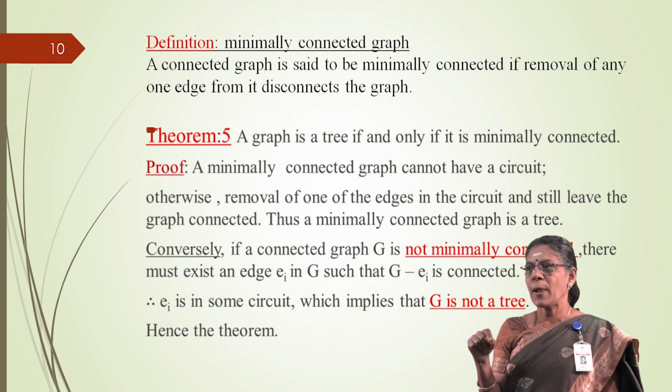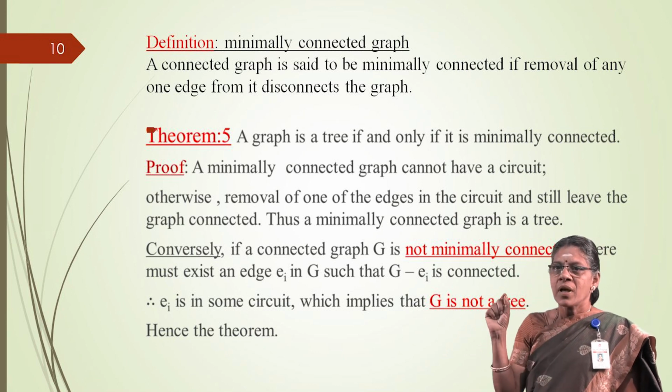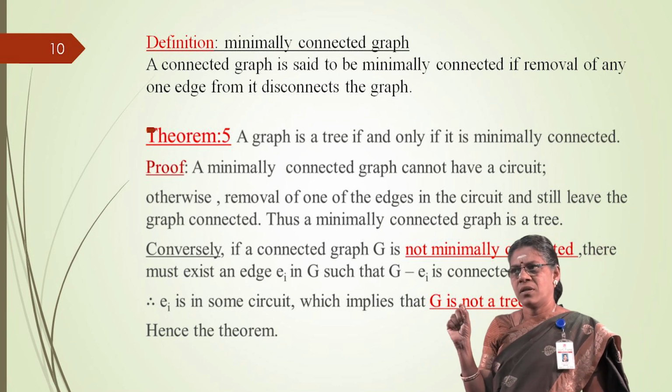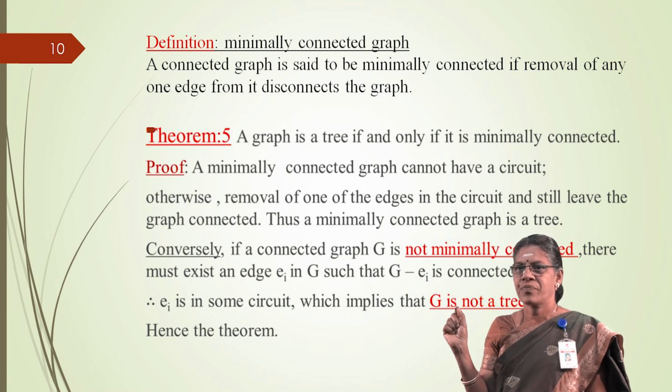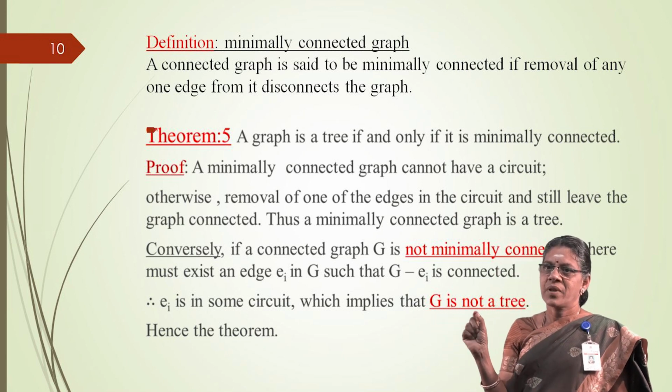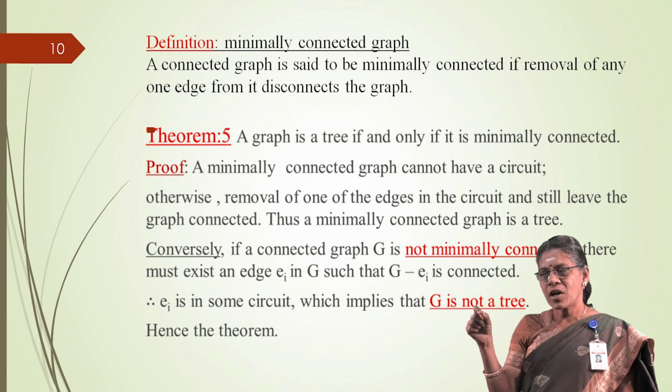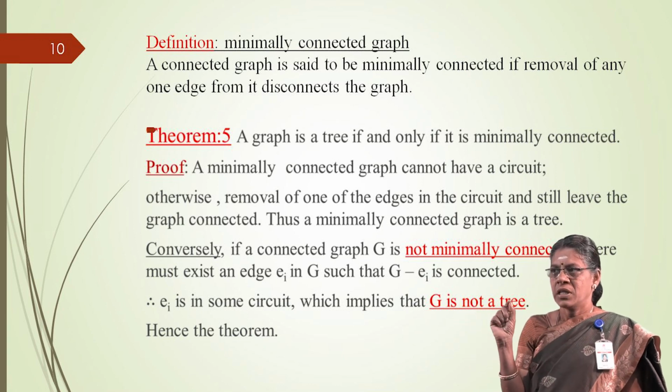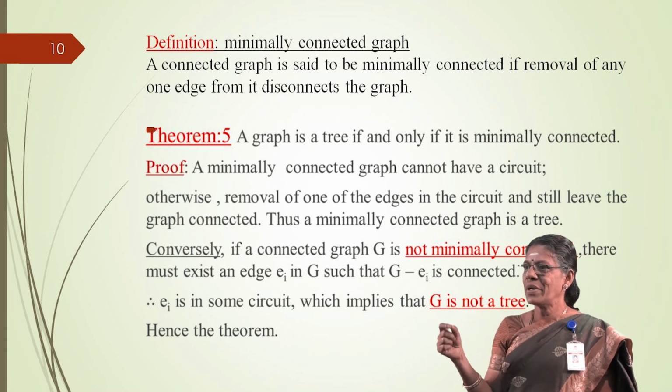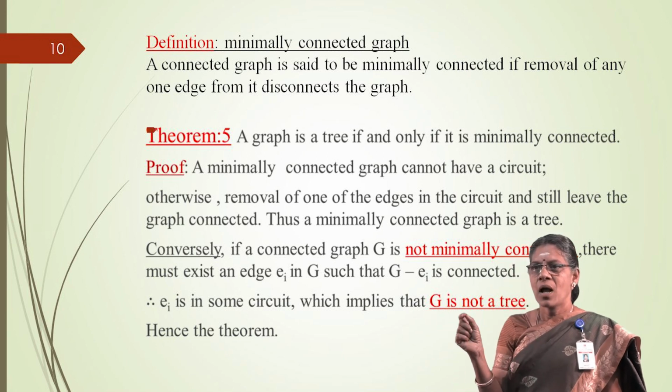Conversely, if a connected graph G is not minimally connected, then it is not a tree. How?